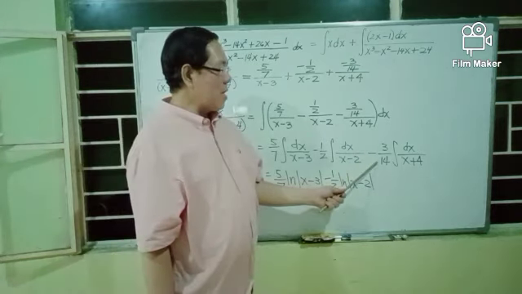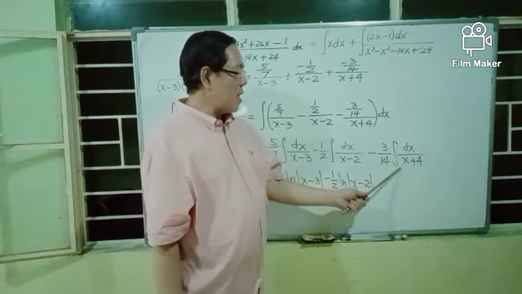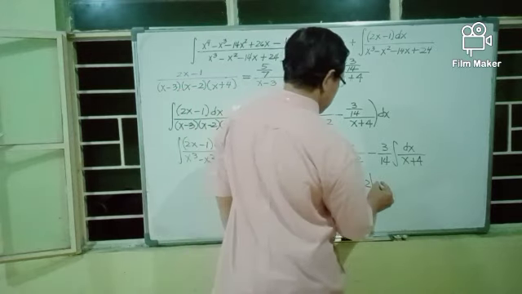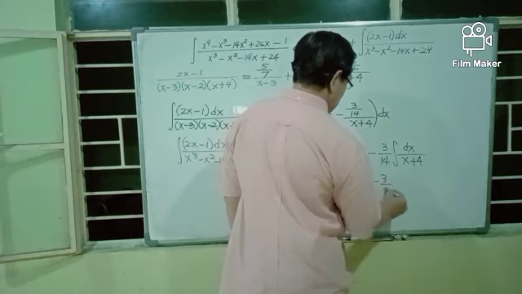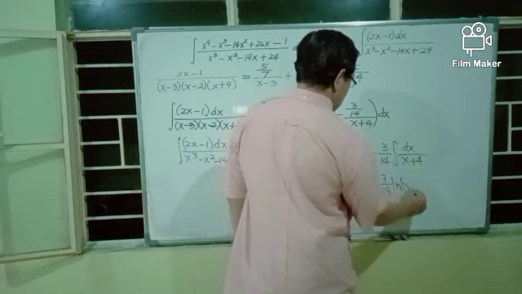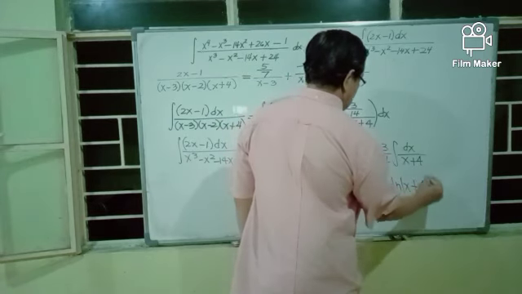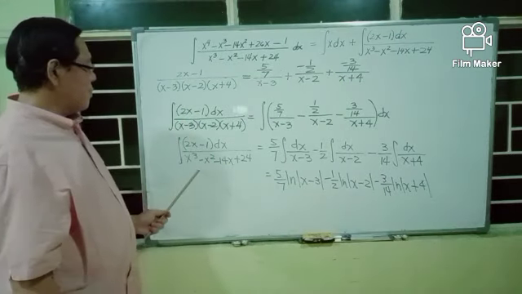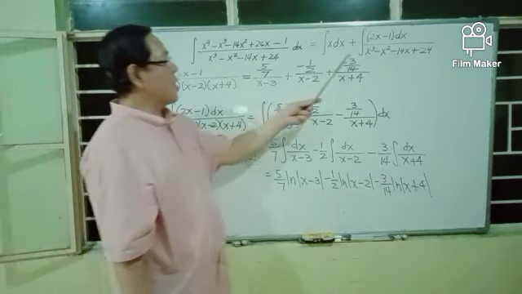And the last term is negative 3 over 14 times ln of x plus 4. And this is the integral of the second term.